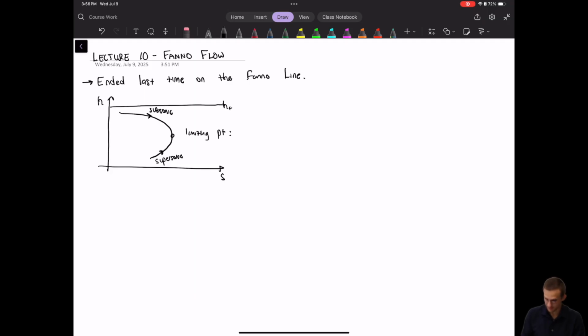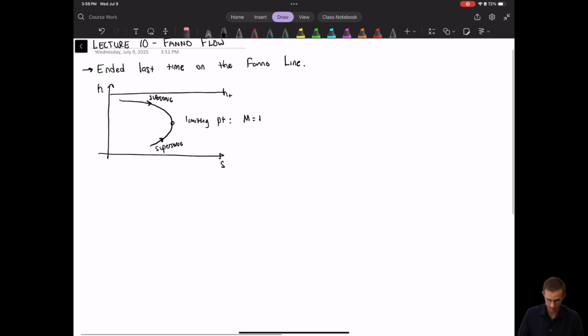At that limiting point, the velocity is the sonic velocity. So the Mach number is equal to 1.